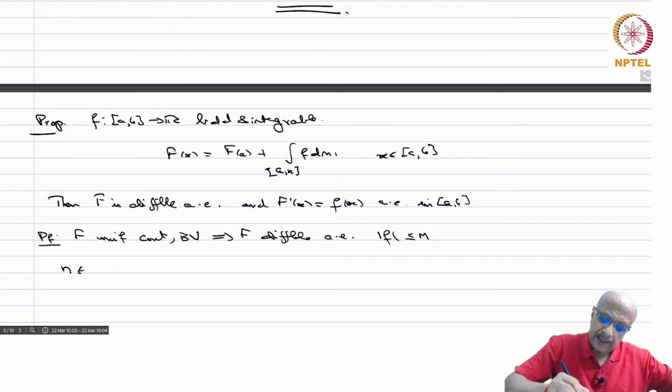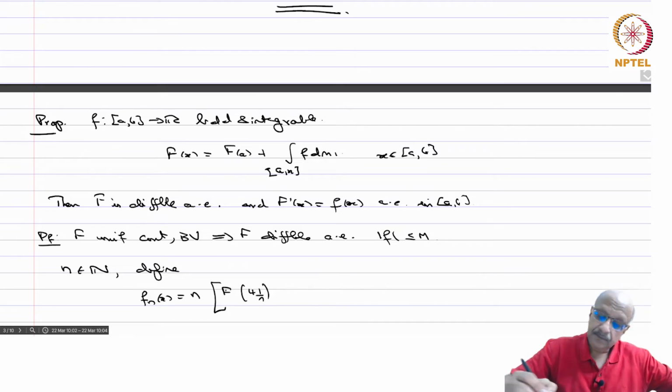So if n is in N, define F_n of x equals n times F(x plus 1 by n) minus F(x), and that by definition is just n times the integral from x to x plus 1 by n of f dm1.